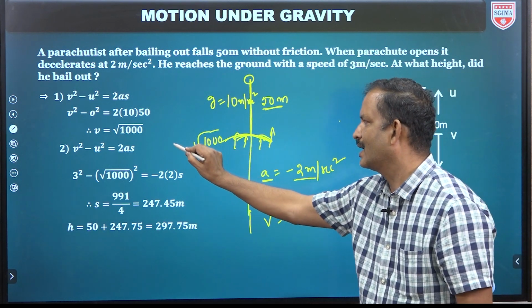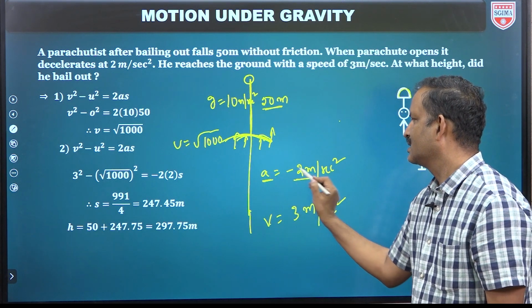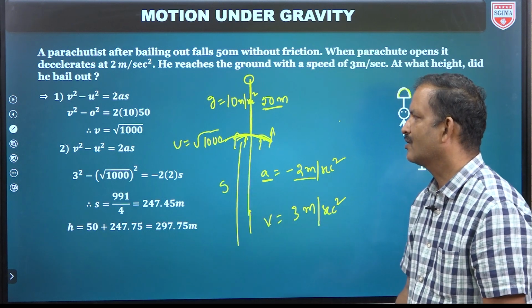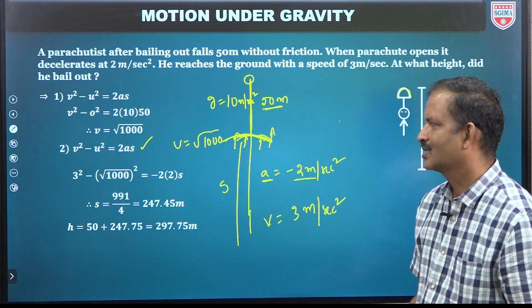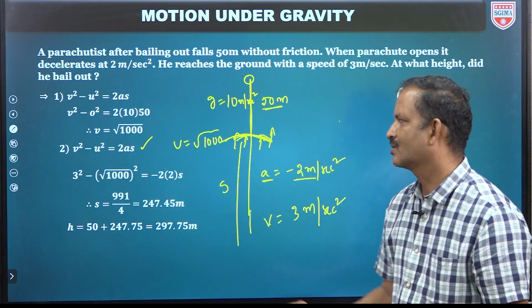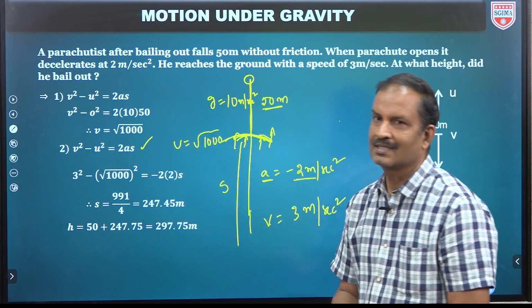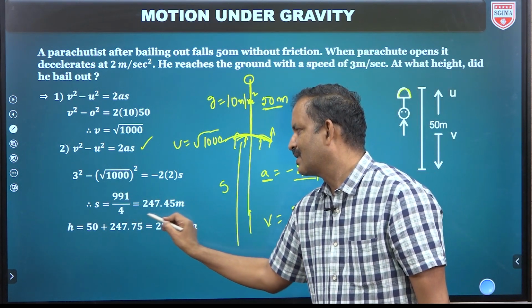Again, this is the u value for us, and this is the v value, this is the a value. Then this distance s we have to find out by using the formula v square minus u square is equal to 2as: 3 square minus root 1000 square is equal to minus 2 into 2 into s. Then we can find out the s value.